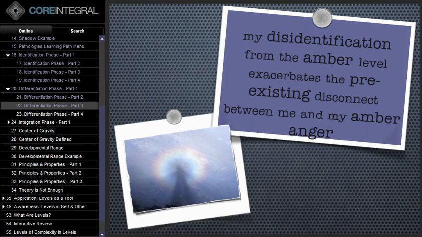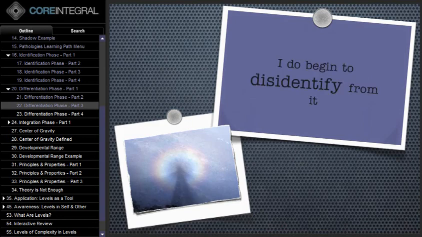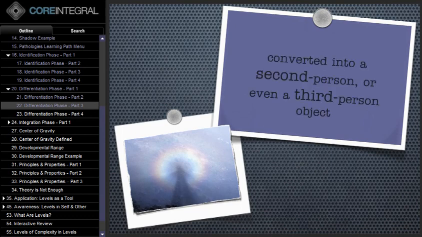So instead of arising as my anger in the orange I, it arises as an other, an imposter or a stranger. Instead of arising as a first-person object that belongs to me, because it was never fully owned prior to the disidentification phase, when I do begin to disidentify from it, it is converted into a second-person, or even a third-person object, not my amber rage, but yours or his or hers.